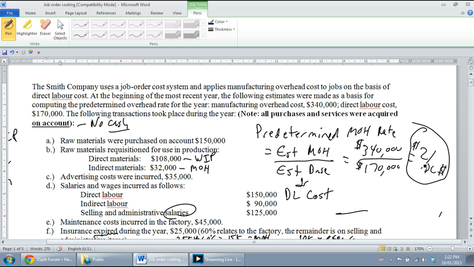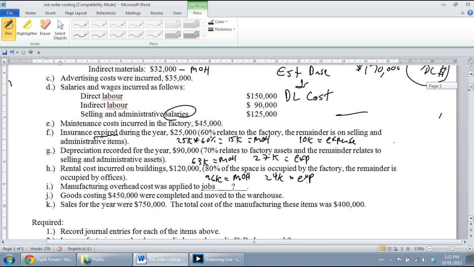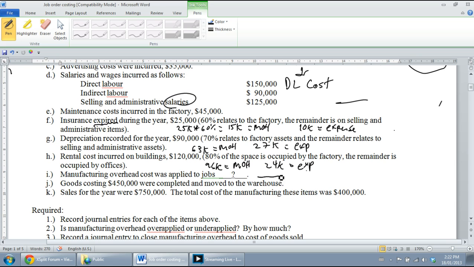We said, oh, for every dollar we spend on direct labor, we expect to spend $2 on overhead. So what we need to do here is say, how many dollars did we spend on direct labor? Well, looking through the question, we spent $150,000 on direct labor. That was our direct labor cost.